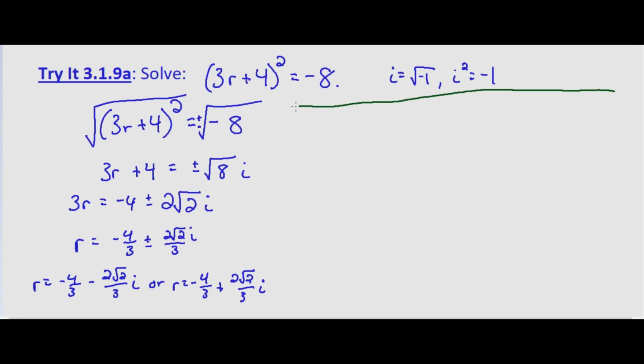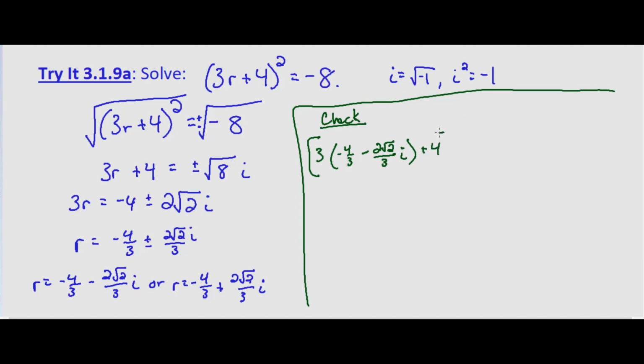As always, we will check our solution by substituting into the original equation. So we have 3 times (-4/3 minus 2 times the square root of 2 over 3i) plus 4, squared, equals, does it equal -8?